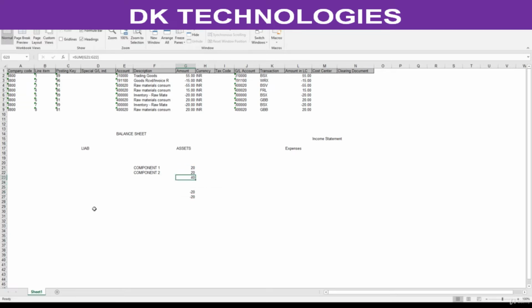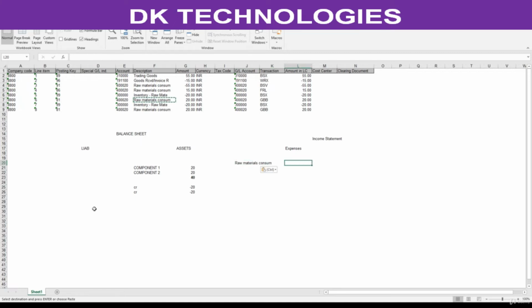This is my stock. I am consuming this component. So this is going to be minus. Wherever you see minus, this is credit. So what is debit? Debit will be your consumption, this account, raw material consumption. This is the first entry posted there.